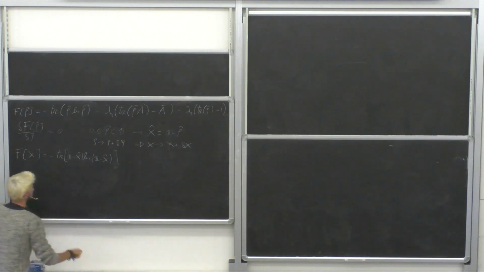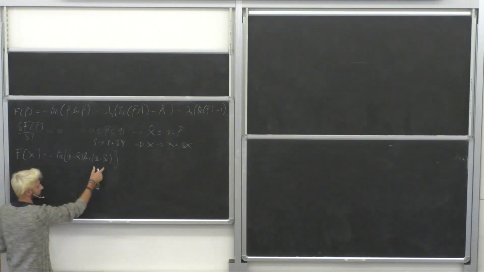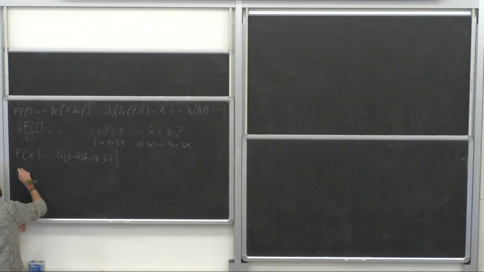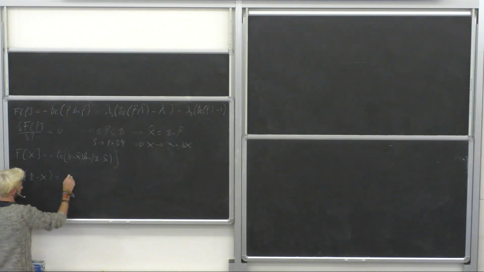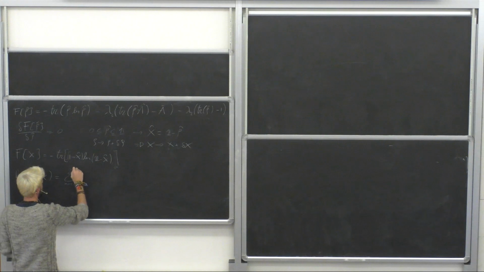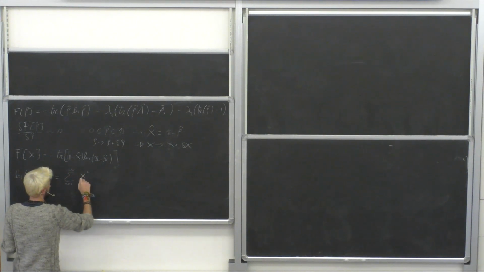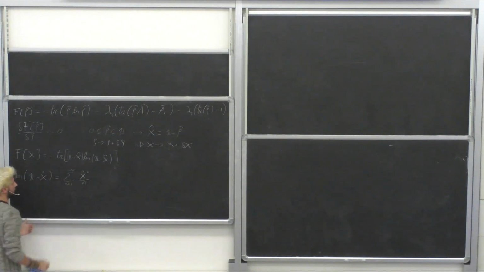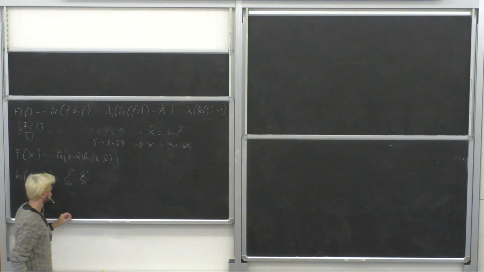As I was saying, the logarithm of an operator is defined by the Taylor expansion of the operator itself. So we will have logarithm of 1 minus x is simply equal to the series from n equal to 1 to infinity of x to the n over n. This is the logarithm of this quantity.